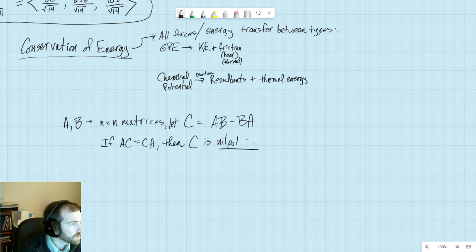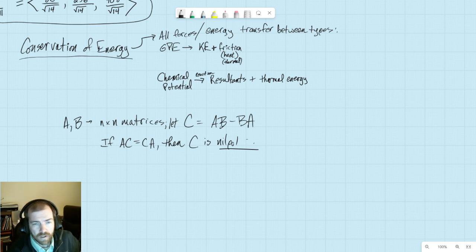Interesting. Product of the matrix with itself is going to be equal to a null matrix. Interesting. Okay, so C is also going to be n by n.